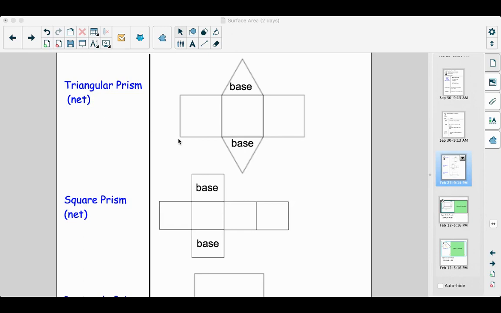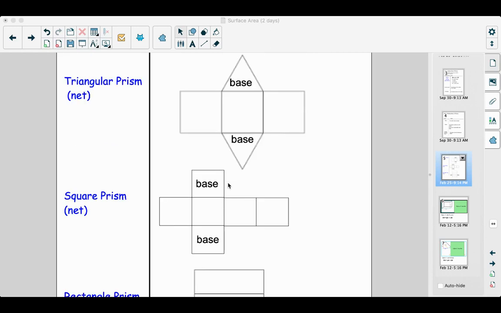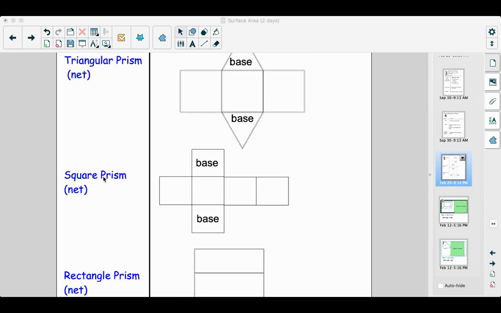So if we want to find the surface area, the area of the whole surface, what we can do is find the area of all of the sides and add them together. That's going to be the approach that I'm going to call a net approach. If you think about a square prism, which is a prism that has a square for the bases, that would unfold into an even easier net where you just have 6 rectangles.